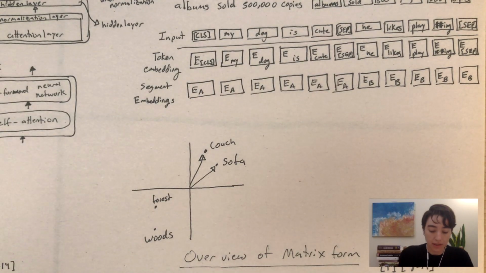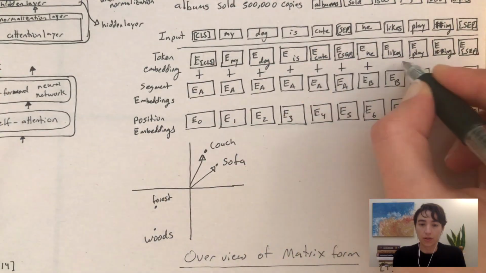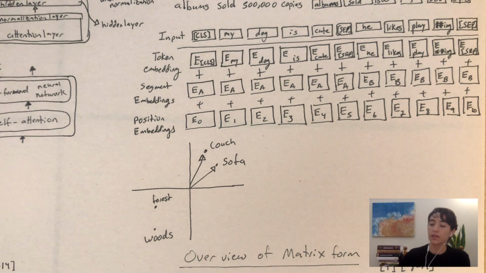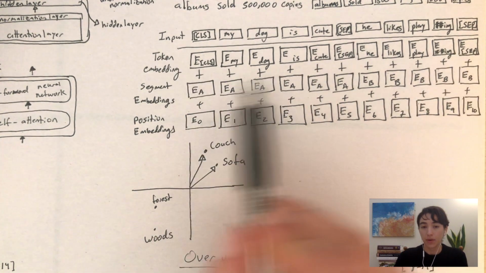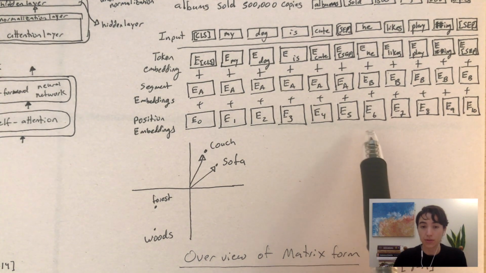Position embeddings tell us where in the length of the input a particular word is from. So what we do is we take all three of these embeddings and we add them up element-wise, and that becomes our input into the first encoder.